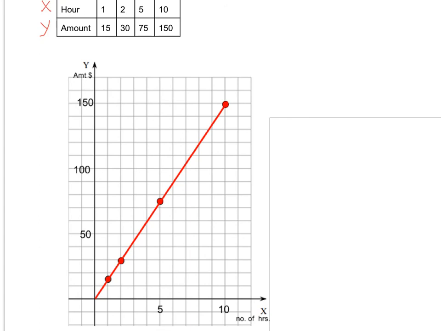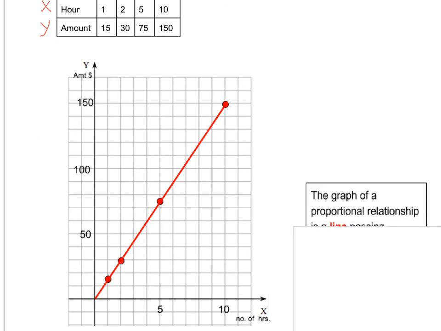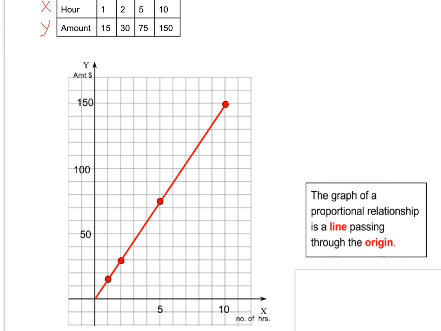So what do you notice in the graph of a proportional relationship? Do you notice that the graph of a proportional relationship is a line? Yes, it's a line. It's not curvy, right? It's straight, okay? And not only that, it also passes through the origin.